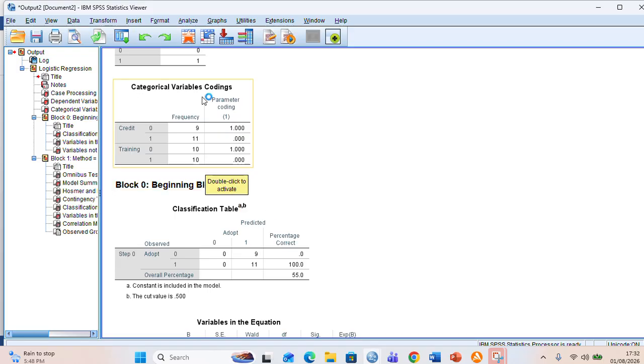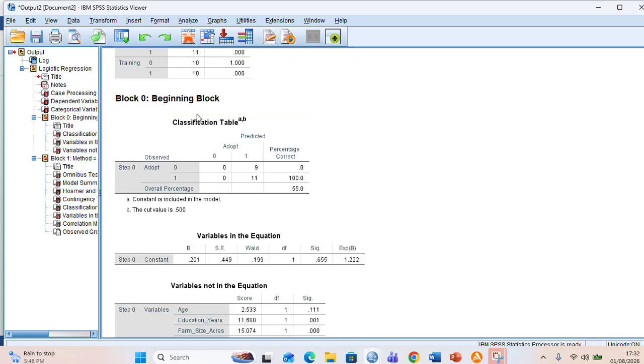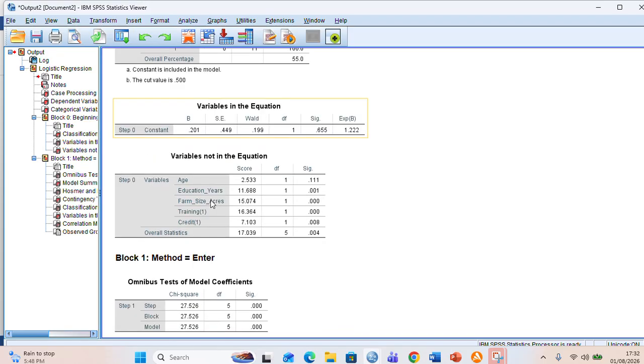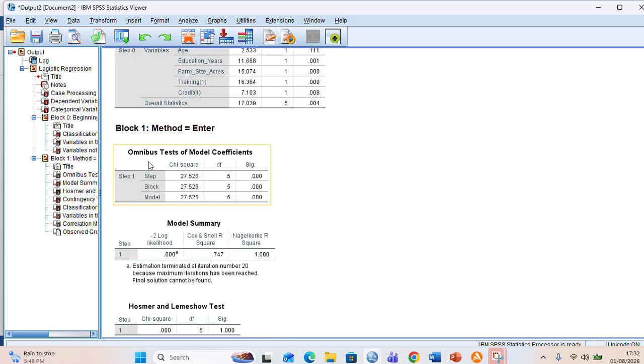And then for the categorical variables coding, it's also giving you credit 0 and 1, training 0 and 1. And then we have the frequency here, and then the parameter coding. And then we have this beginning block where we have adopt 0 and 1. Then we have these variables, and the variables not in the equation.